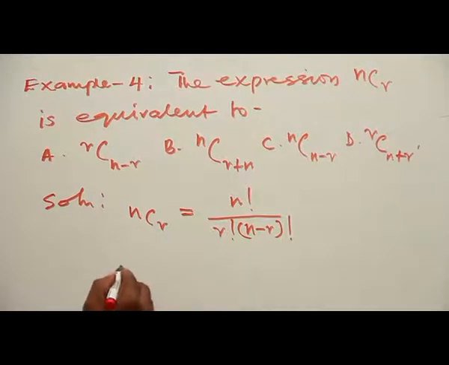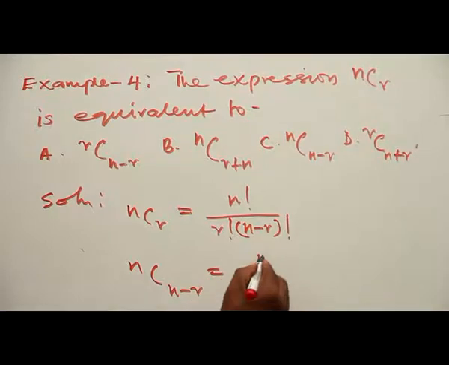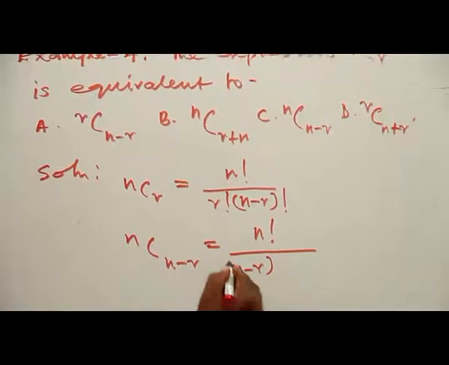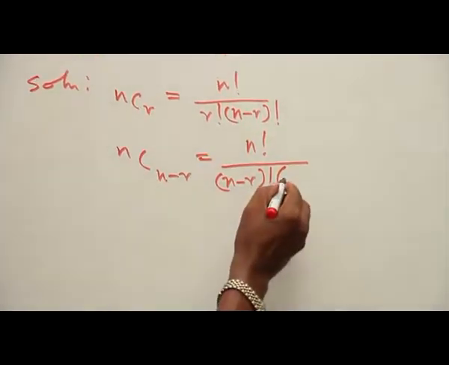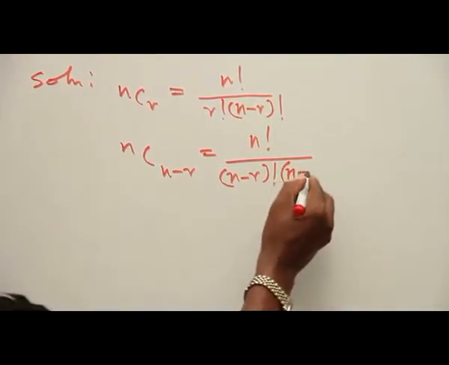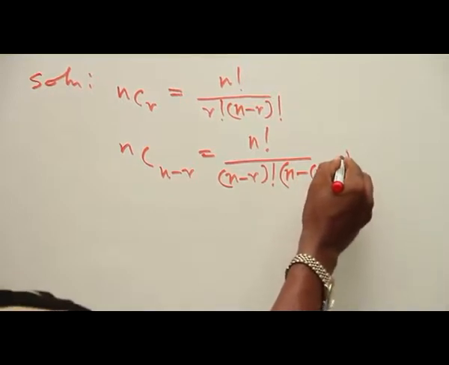So let's try nC(n minus R). It will be equal to n factorial all over n minus R factorial into n minus (n minus R) factorial.